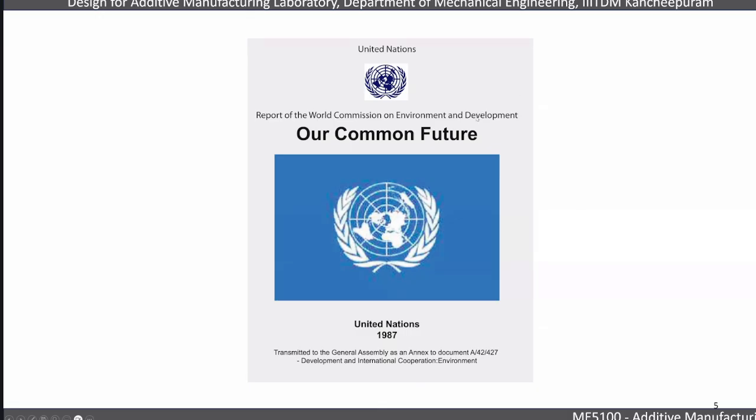So I think this was the first report in which she suggested the phrase, our common future, right? Which is typically a very interesting report where she coined the term. So sustainability for her meant meeting the needs of the present without compromising the needs of the future.